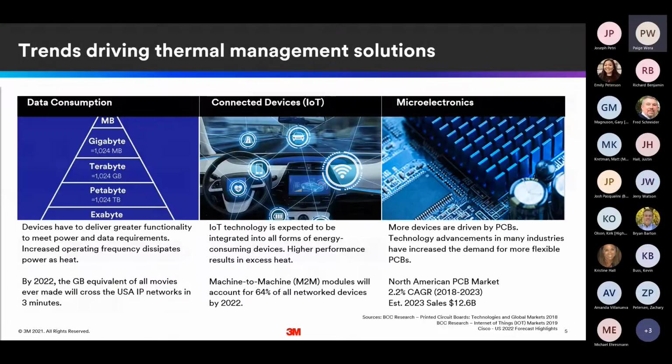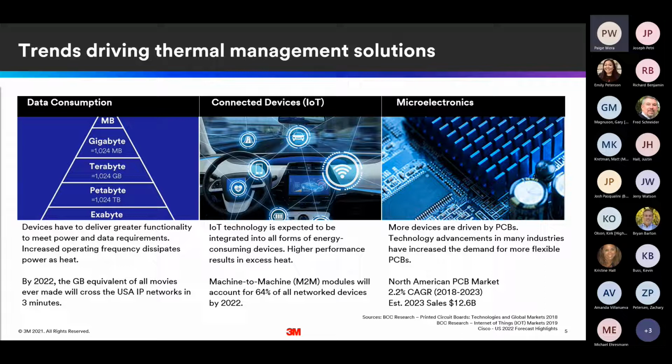Yeah, thanks, Joe. That goes right into what I was going to say. Talking about some of those challenges, one of them being microelectronics: everything is getting thinner and smaller, and that makes it a little more difficult to dissipate heat. Where's that heat going to go, especially when there's less room to dissipate it? So that's where an engineer will use thermal interface materials.